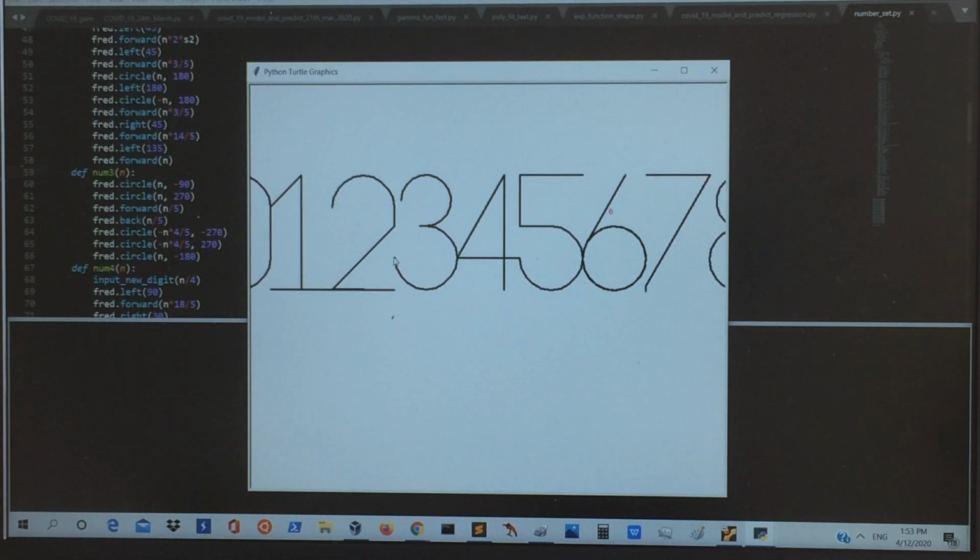It goes clockwise 90 degrees, and then it goes anti-clockwise 270 degrees, and then it goes anti-clockwise again. And when I put n, what n really is, is 50.